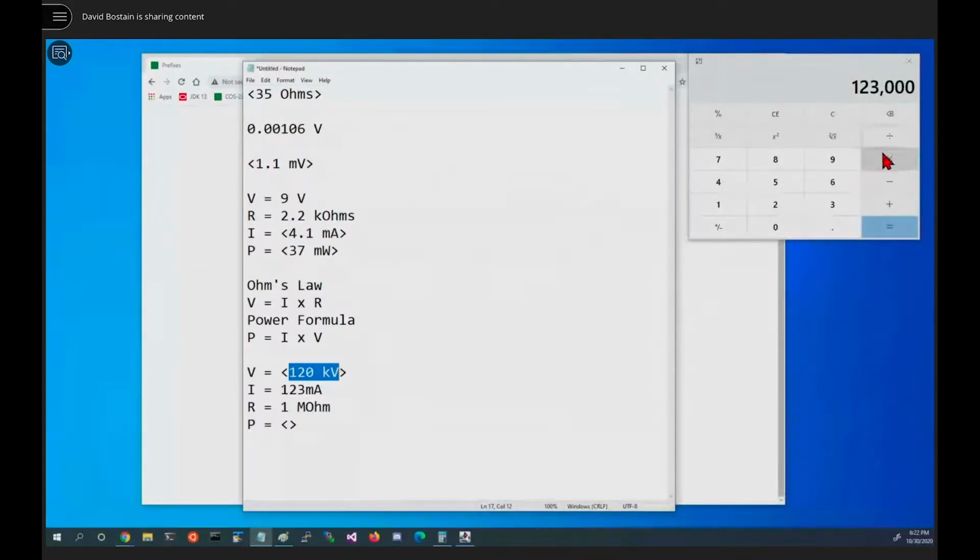I'm going to multiply this number times the current, which is 0.123. That's equal to 15,129 watts. So we want 15,000. We're going to have only two significant digits, and we're going to get rid of the 3 zeros at the end and write K watts.